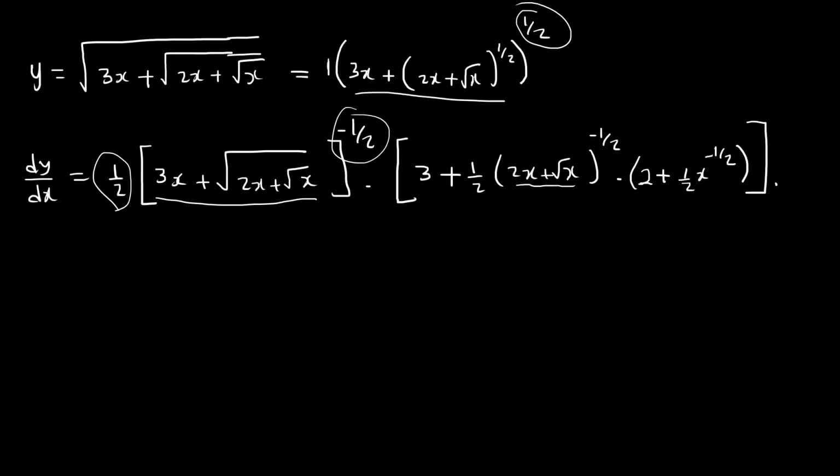Then after that, you multiply by the next function, which is 3x, which is 3, plus that square root, which is half, and minus half. Then this. Then after that, this is part of this square root only. If you derive the inside of that square root, 2x, you get 2, plus the derivative of square root of x, you get that.